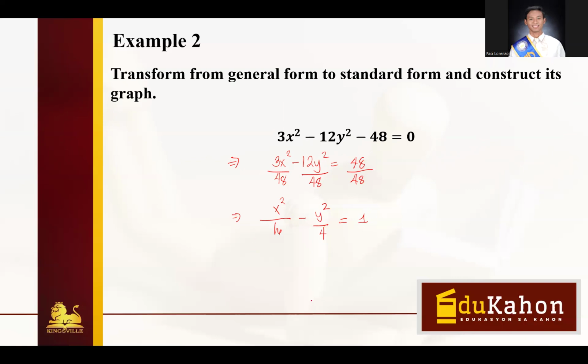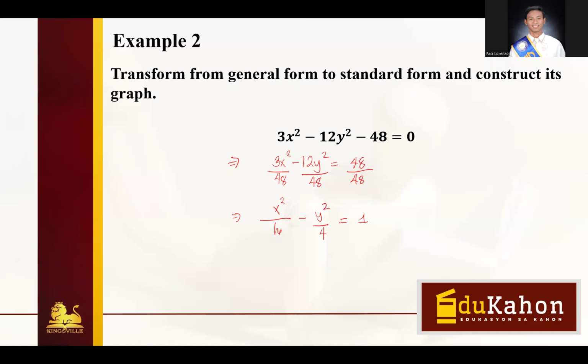So now we have the values for a and b. Again, if x squared is the first term of the equation for your hyperbola, then your hyperbola is horizontally oriented. And if it is y squared, then your hyperbola is vertically oriented.